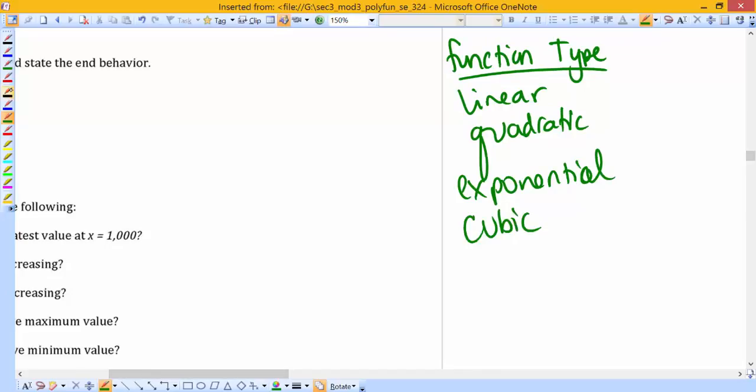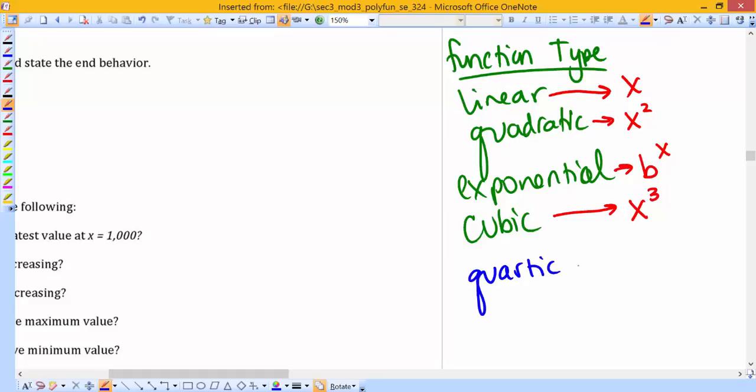So one of the things you guys are going to have to make sure to remember is linear is when it's x, quadratic is x squared, exponential is b to the x, and cubic is x cubed. And then there's also an extra one, which is quartic, which we haven't seen a whole lot of, but that's when it's x to the fourth. So that's how we're going to label these.